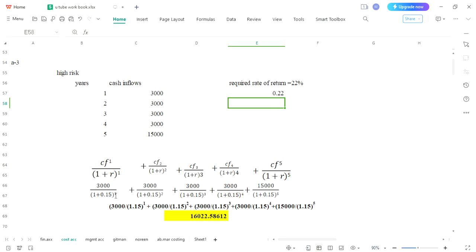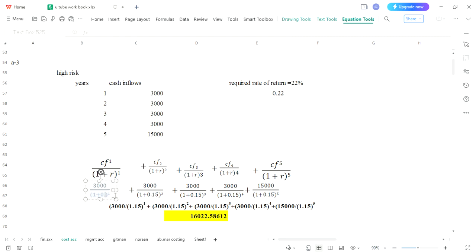Come over here and please note it down. We will remove 15 and we'll write 22. And hopefully you will be well familiar with this. Look how we have calculated 0.22. 22 divided by 100, 0.22, and instead of 15% we have written 0.22.